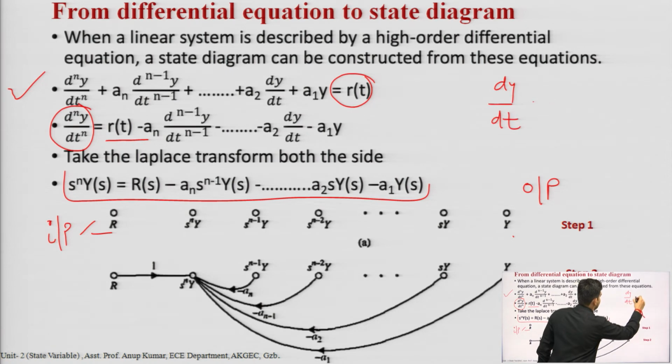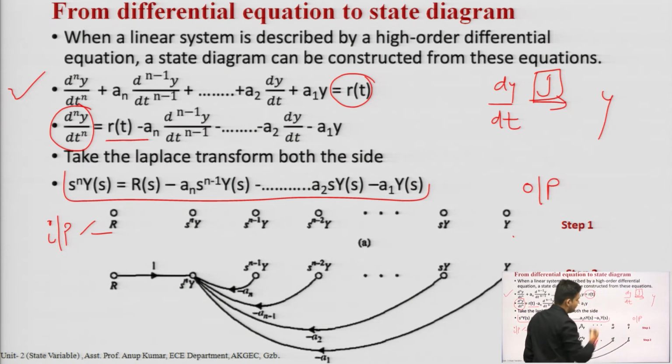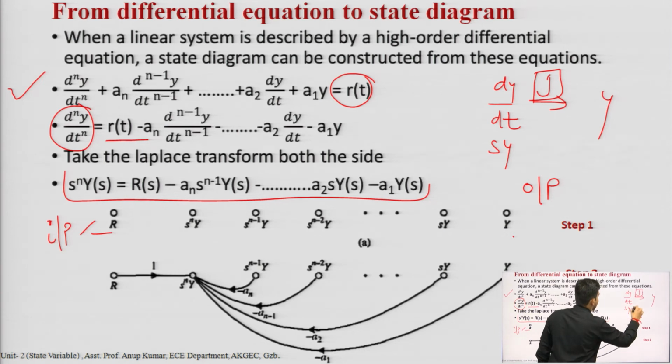Whenever I have to obtain y from dy/dt, it means I need to do integration. In the Laplace domain, if I am getting s·y and I have to obtain y, I will do the integration, that is 1/s, and I will get y.